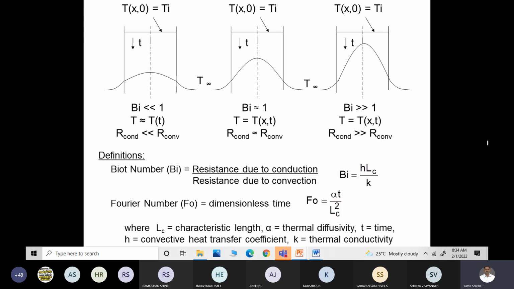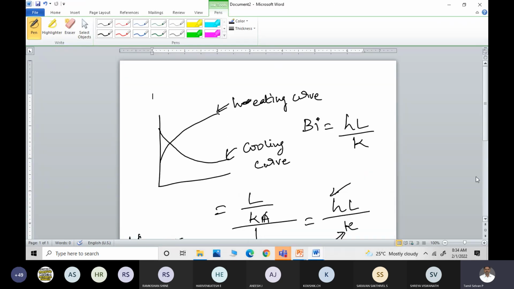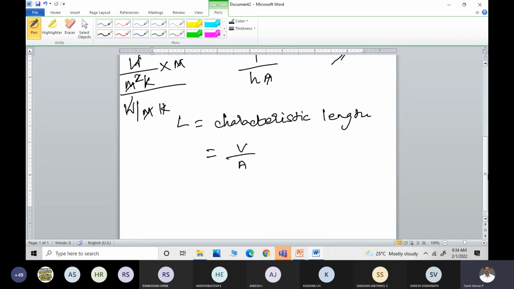Whenever a problem is given in which a hot body is dropped into a liquid at a very low temperature, or a solid rod is dropped into a furnace at a higher temperature, first you have to check the Biot number. If the Biot number is less than 0.1, then you have to assume a lumped parameter system.